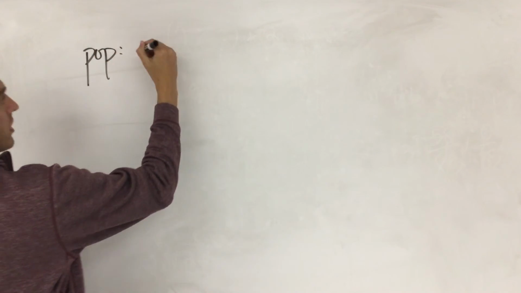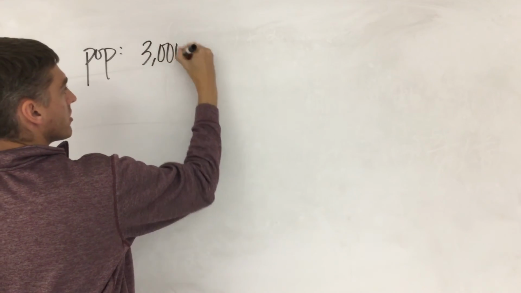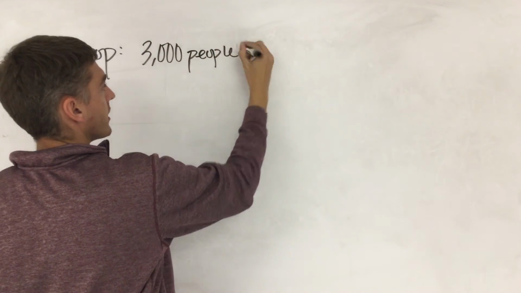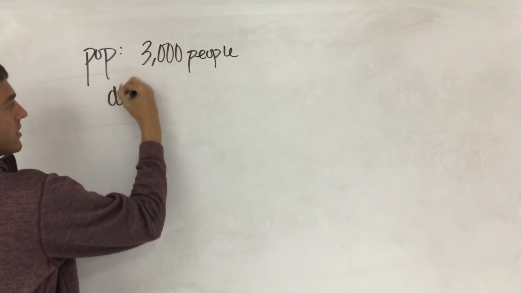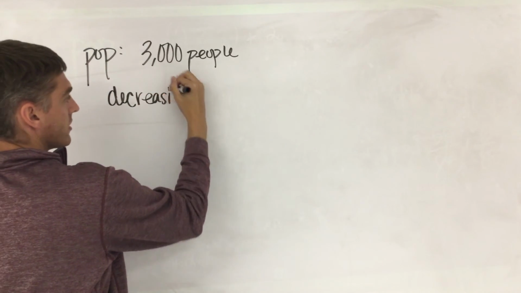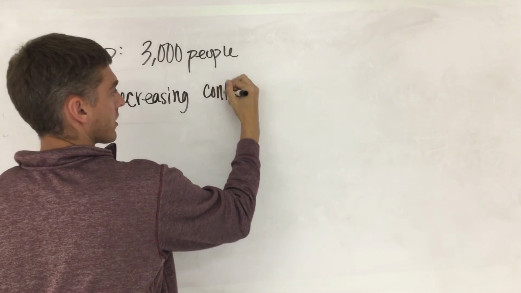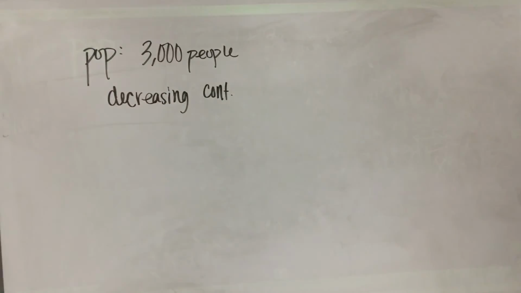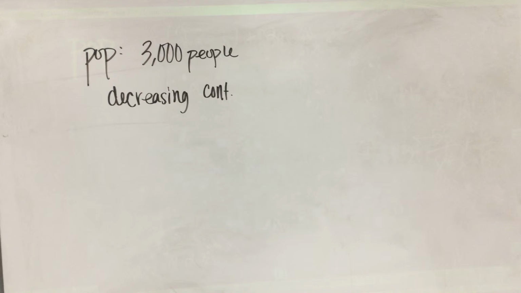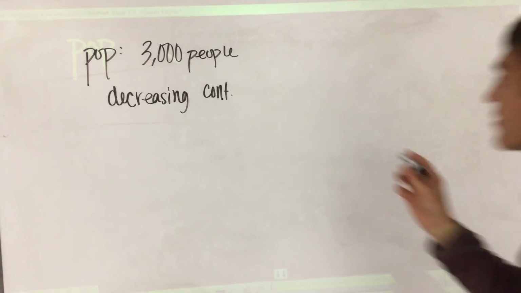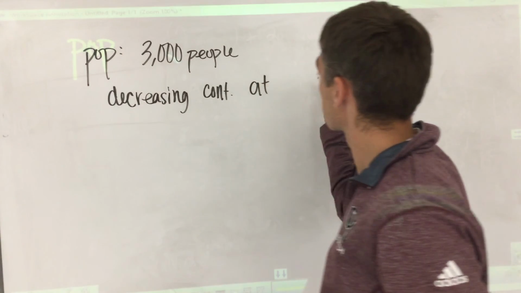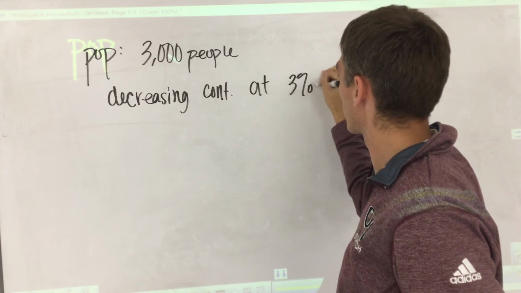So let's say the population in a town is currently 3,000. And it's decreasing continuously at a rate of, let's say, 3% each year.